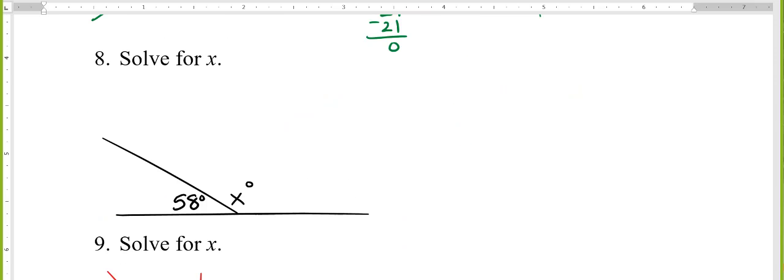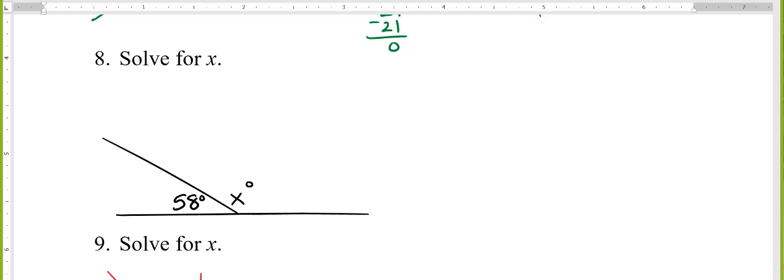For number 8, I notice that these are adjacent angles because they share a common vertex and a common side. And in order to get my equation, I recognize that they are supplementary angles. Supplementary angles add up to what number?